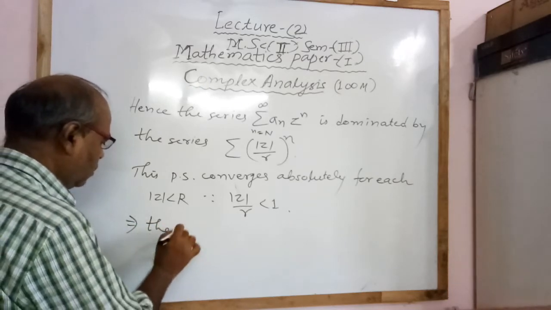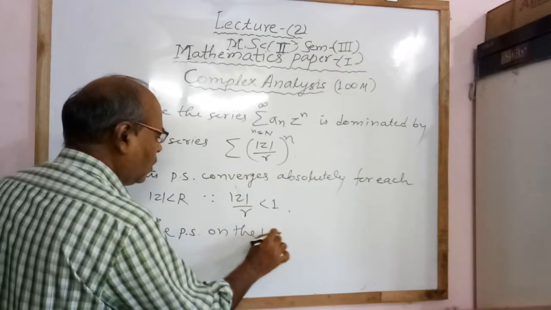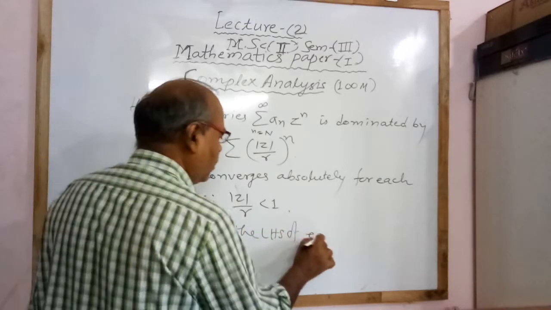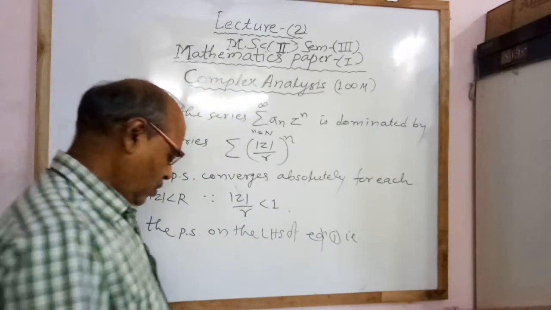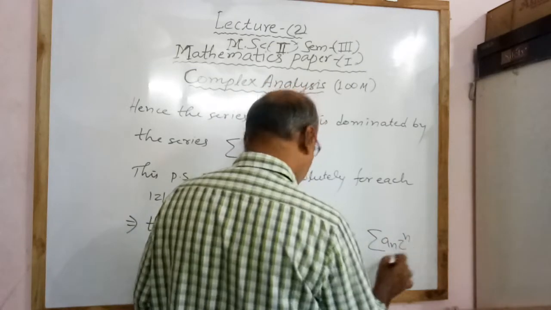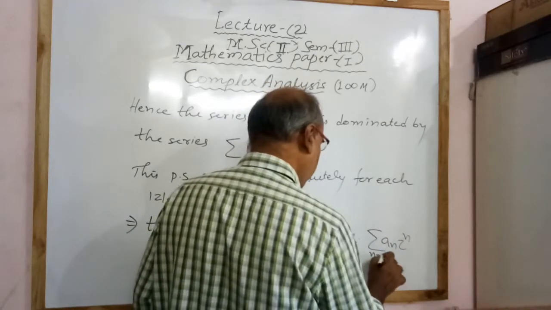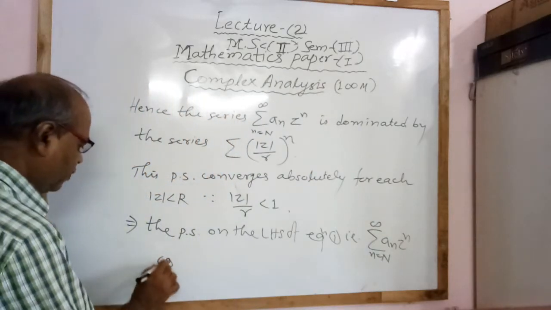This implies the power series on the LHS of equation 1, that is the left hand side series summation a_n z to the power n from n to infinity, converges absolutely.